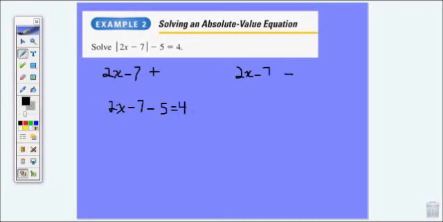Now, because there's absolute value here, I'm going to put this in parentheses for a minute because it's that quantity. It could be positive or it could be negative. So when I'm combining like terms, I won't be able to take any part of this out yet. So I'm going to instead combine my like terms. I'm going to add 5 to both sides.